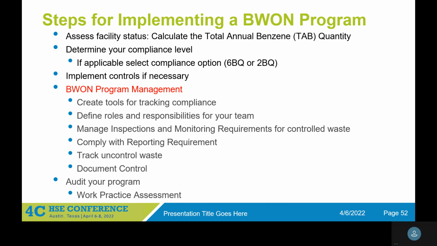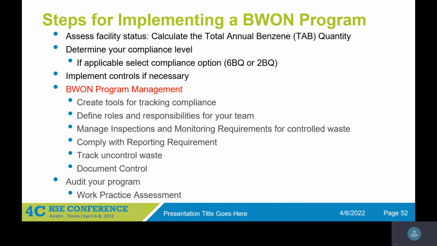All right, everybody awake? Okay, so we've assessed the TAB, we picked the compliance option, and now we said we're going to put controls on these pieces of equipment, we're going to put in another stripper, we're going to do all these things so that we're below 6 or below 2.